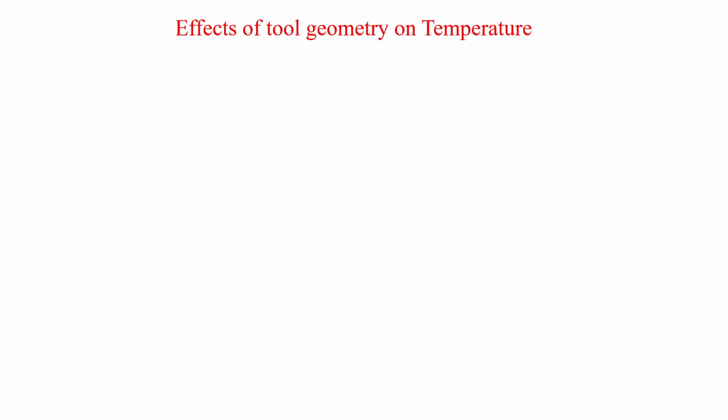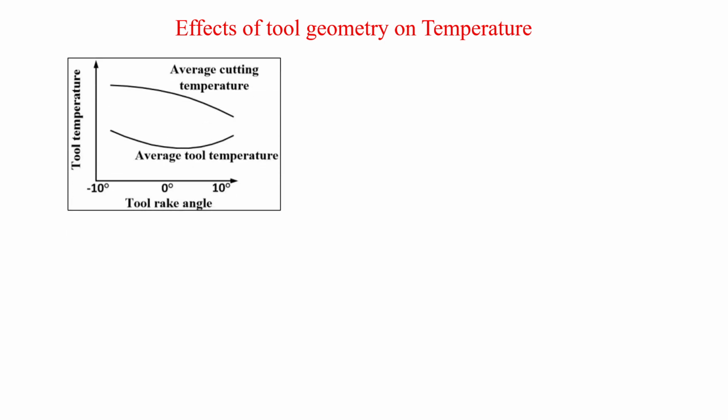So I'm now moving to the next part, which is the effect of tool geometry on temperature. Now we'll see the variation of different angles like the rake angle, clearance angle, side cutting edge angle, and the nose radius with temperature. First we will see rake angle.